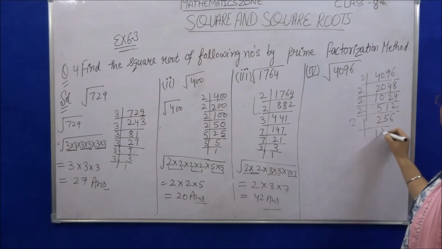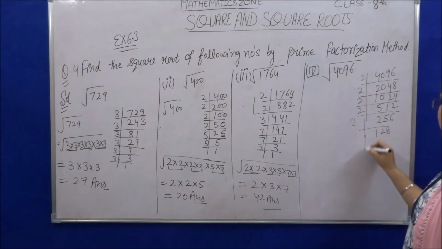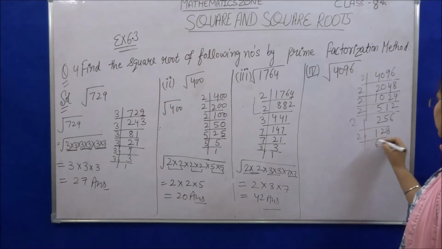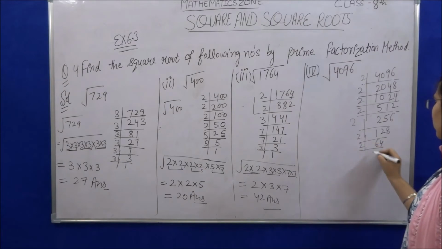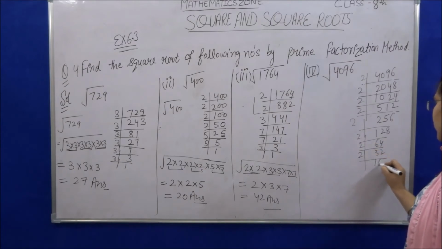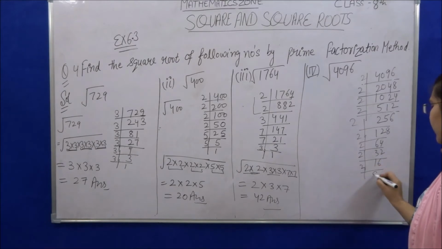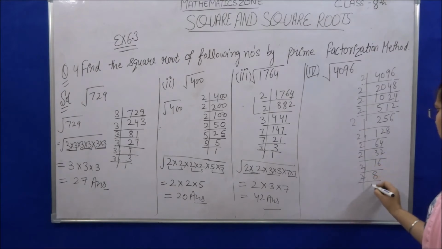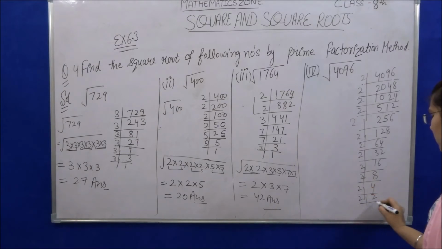Now 2 1s are 2, 2 2s are 4, 2 8s are 16, 2 6s are 12, 4, 2 3s are 6, 32, 2 16s are 32, 2 8s are 16, 2 4s are 8, 2 2s are 4, 2 1s are 2.